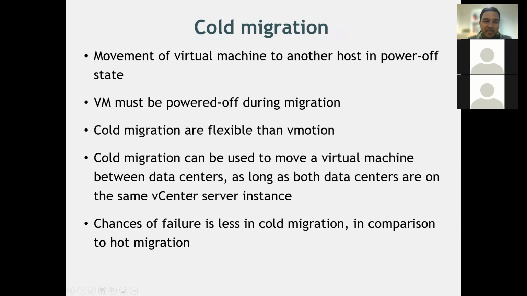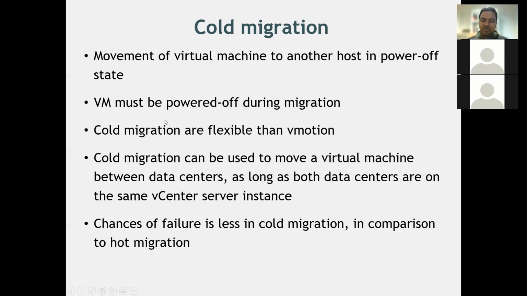Cold migration means the movement of virtual machines. Let's say they want to migrate one VM to another host. There is a failure in the host, and that VM needs to be migrated, or for any reason. In that case, the movement from one host to another will be in the power off state. That means the virtual machine which we want to migrate will be powered off, non-functional, non-working, and in the powered off state the migration is happening.